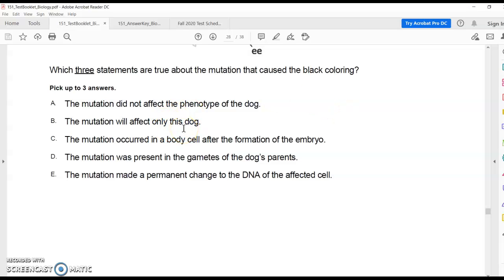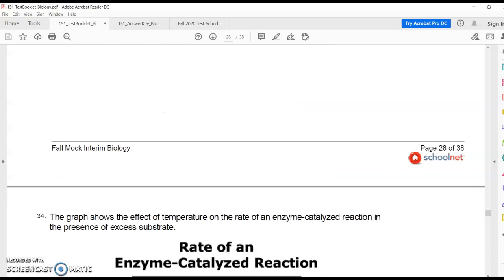It won't affect any of his offspring. C, it occurred after sperm and egg came together. And then E, it did make a permanent change to the DNA. So mutation changes DNA, and that mutation caused the different coloring in the dog.